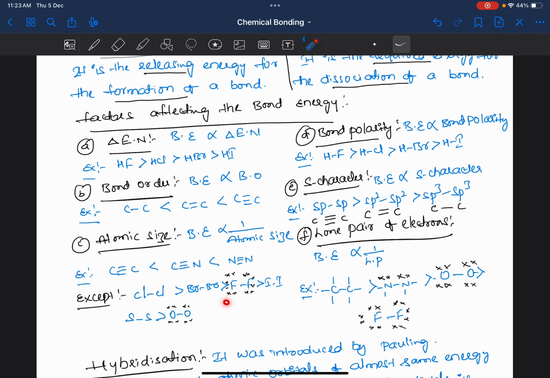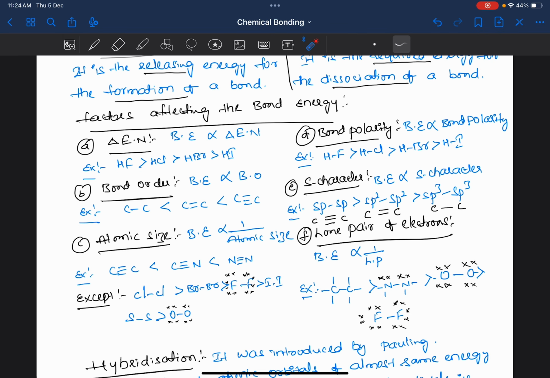It has small size, and all three lone pairs are present, so due to the small size more inter-electronic repulsions occur. Therefore its bond dissociation energy is decreased, and its place is changed. And for the same reason, in the case of oxygen and sulfur.